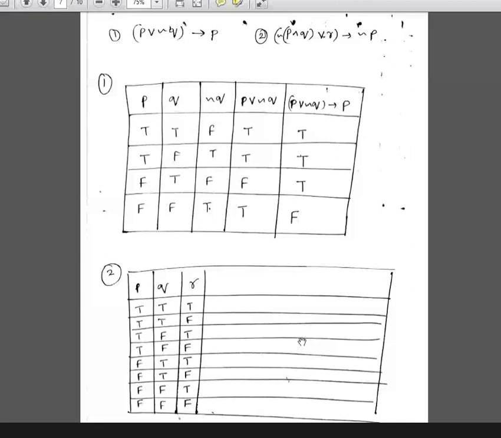Okay, let me check over it for one minute, because if I check on the screen, then it is visible to all the students.